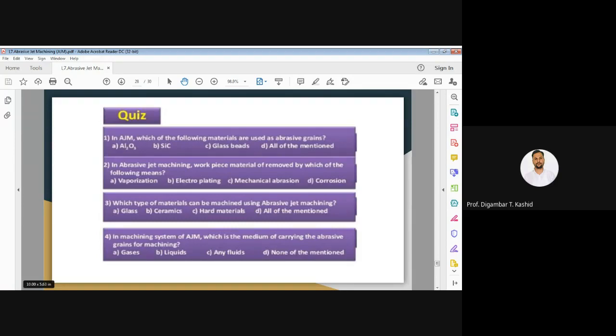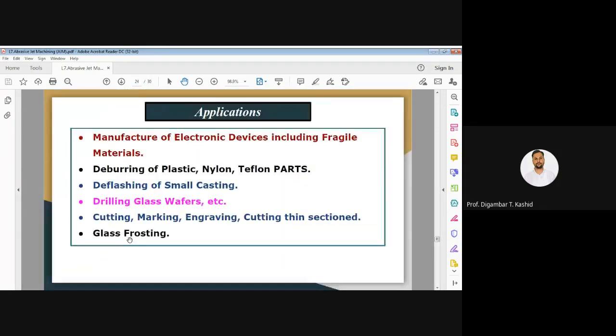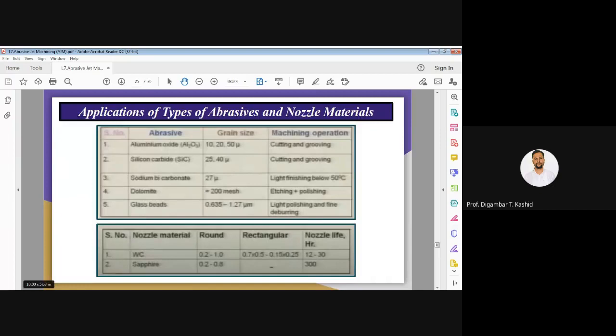The question is: in abrasive machining, which of the following materials are used as abrasive grain? Look at the slide and tell me the correct answer. A, B, C, D. Sachin is saying A. Sachin, please look at the second option also.